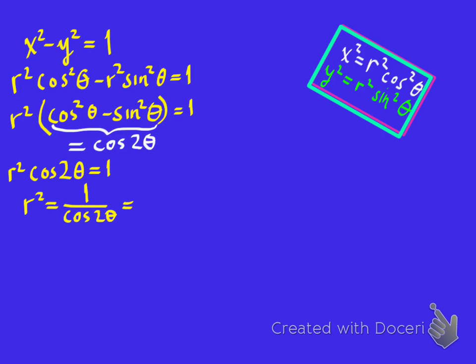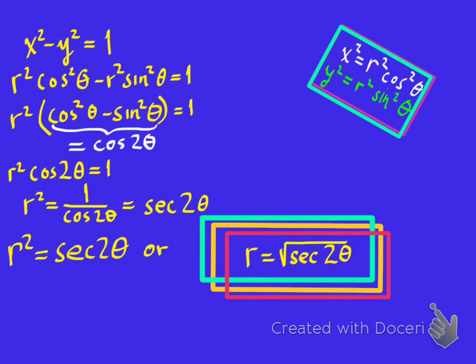So we can actually write that as secant 2 theta. So we've got r squared equals secant 2 theta, or if we want to further simplify it down to just plain old r equals the square root of secant 2 theta. And that's a pretty acceptable form.